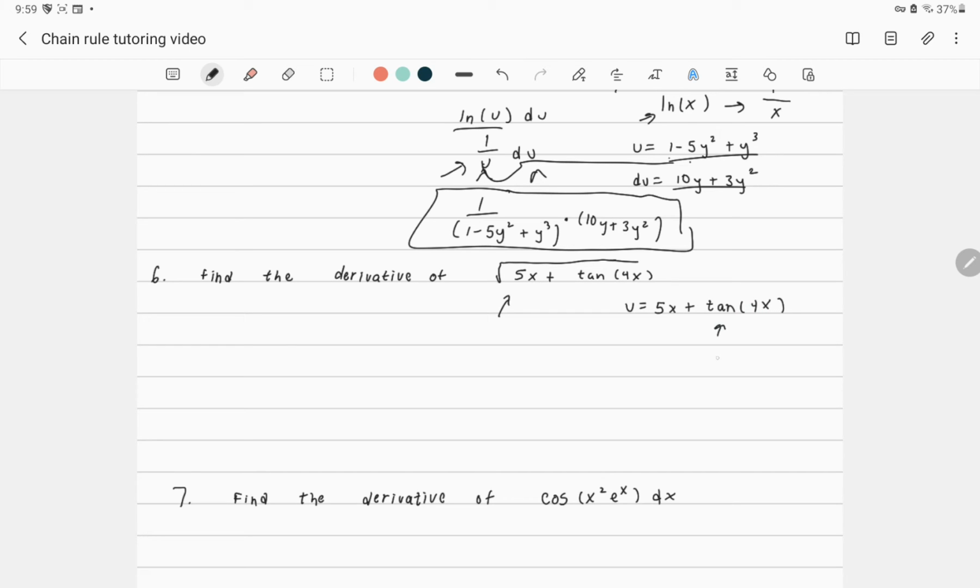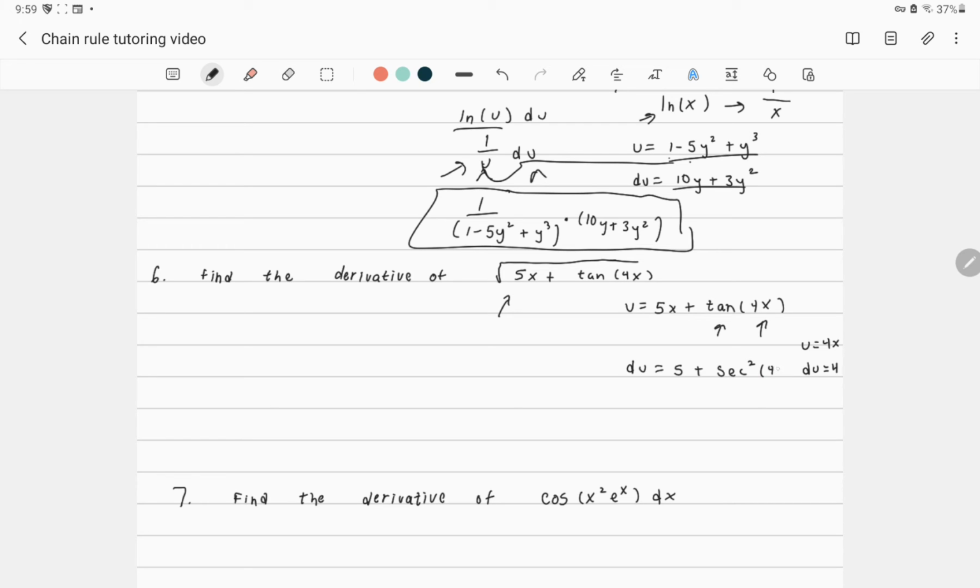And then from the previous problem, we know what tangent becomes. So du equals 5 plus secant squared, but then we're going to need another u to substitute for the 4x. So u equals 4x, du equals 4.